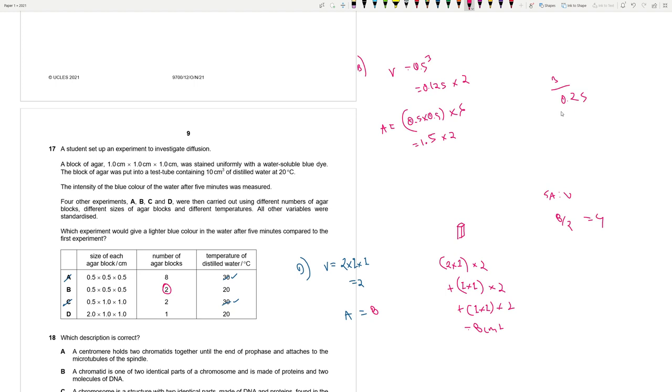How much is that? 3 by 0.25 is 12. So that's it for B. Now, the interesting part is in 17, we need to compare this to our initial experiment.